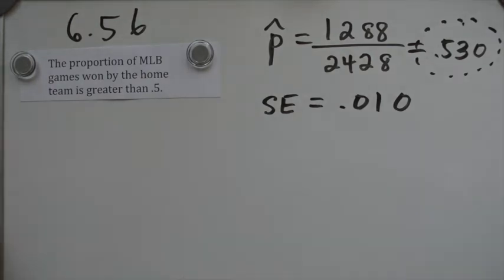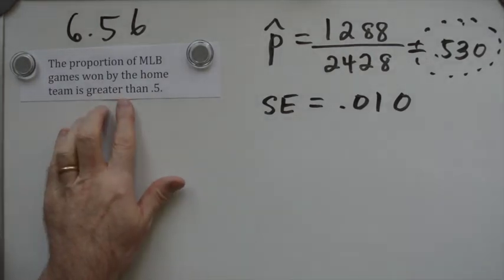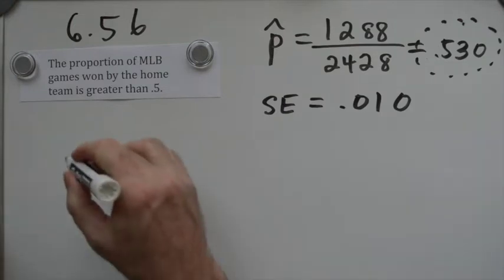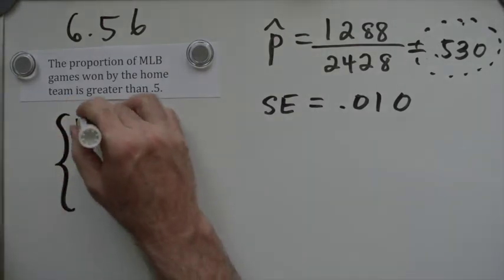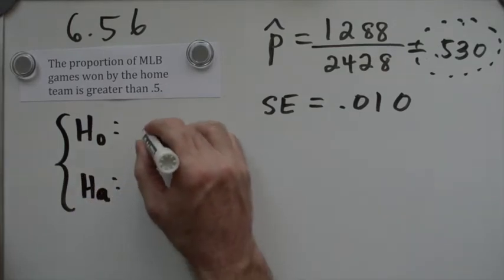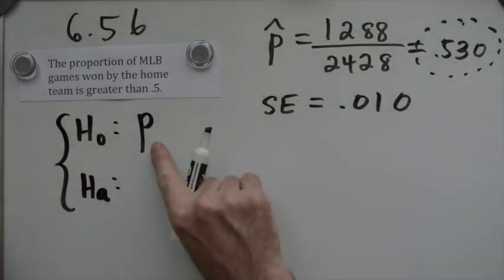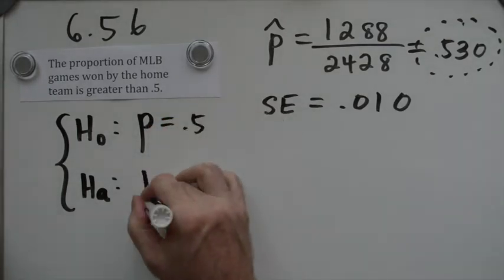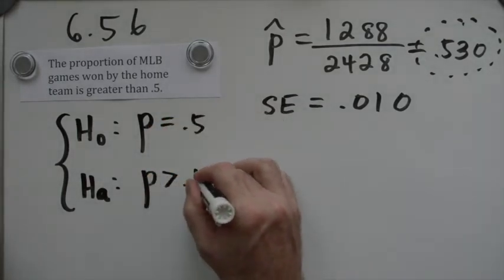Now, the claim that's being made is that the proportion of Major League games won by the home team is greater than 0.5. So if we put this into the context of a hypothesis test, the null hypothesis is that the proportion of games won by the home team is 0.5, against the alternative that it's greater than 0.5.